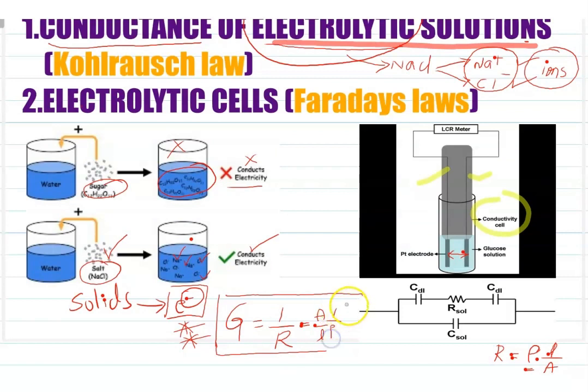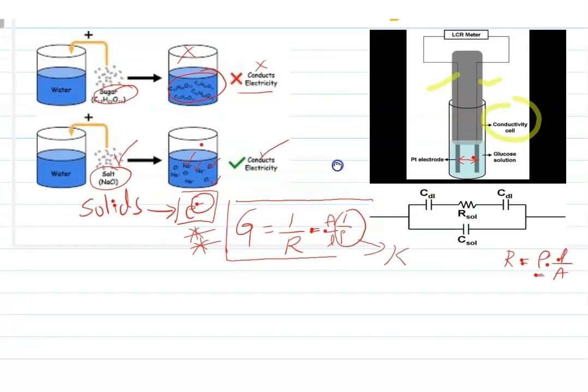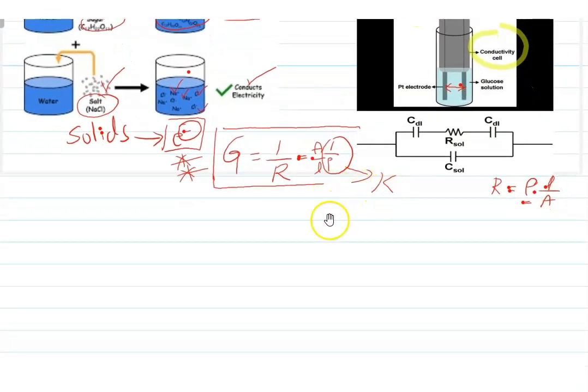This 1 by rho is called conductivity, which is shown by the symbol kappa. So conductance is equal to A by L into kappa. This is called conductivity, or specific conductance.